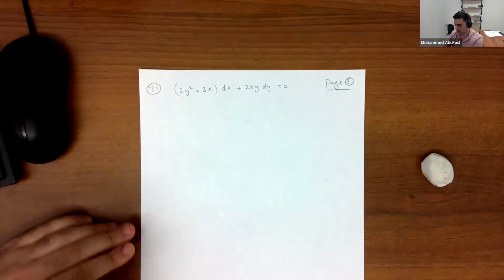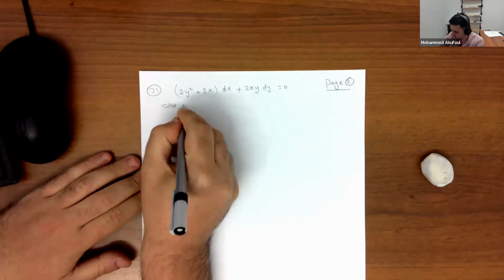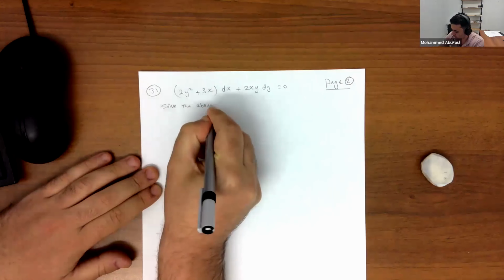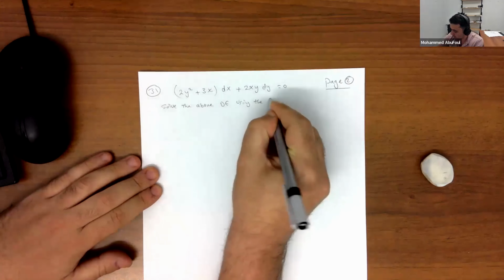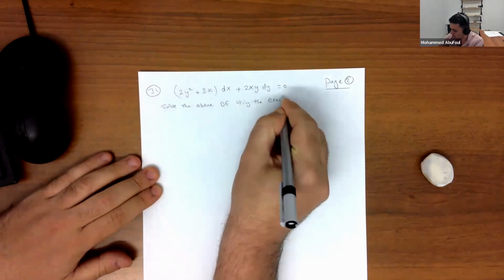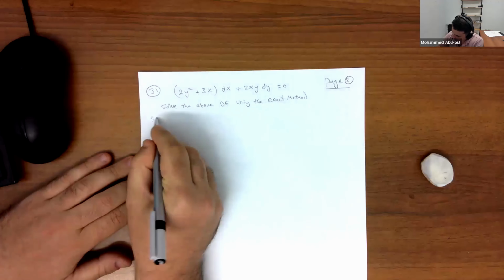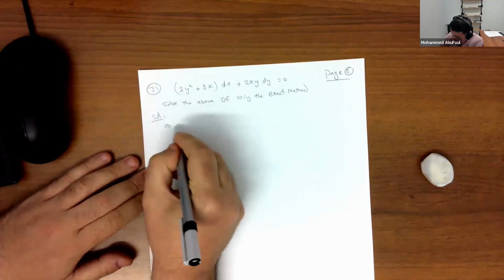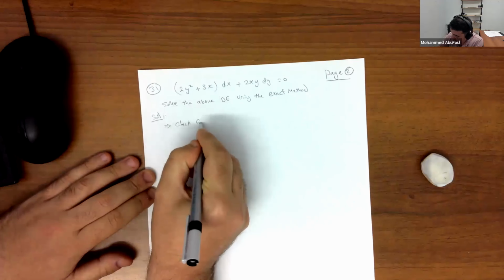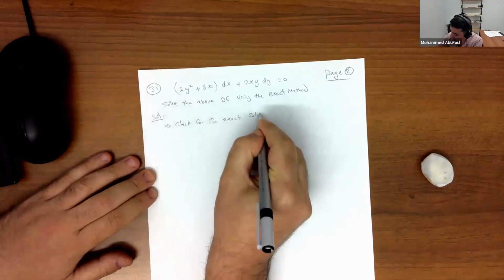You solve the differential equation using the exact method. The first step is to check for exactness.